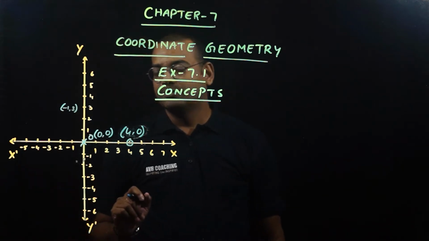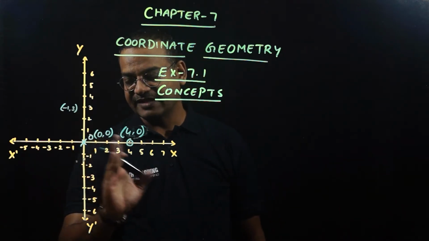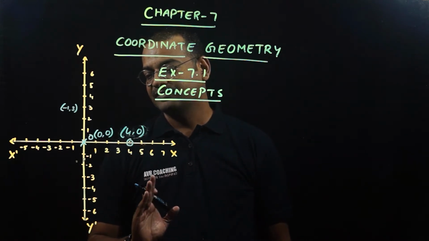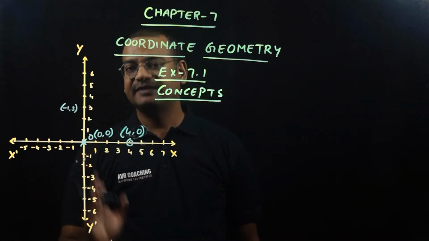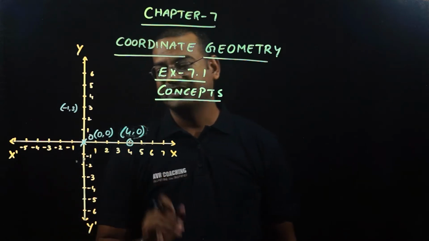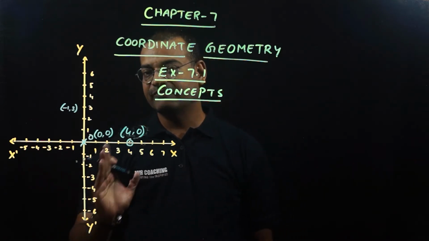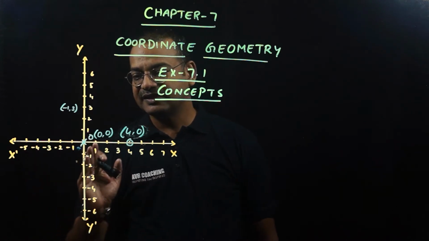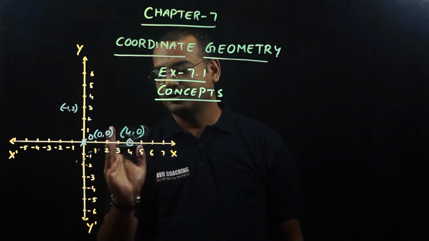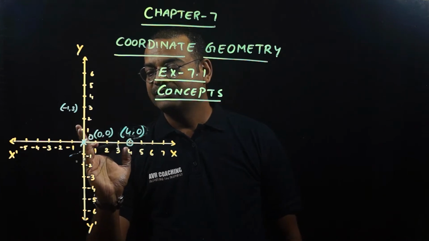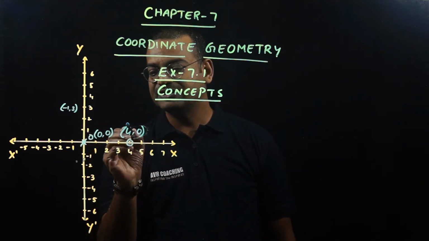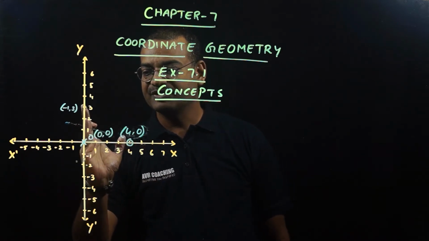Now the distance from y-axis is called abscissa and the distance from x-axis is called ordinate. Now what is this distance from y-axis and distance from x-axis? The point 4, 0 is at a distance of 4 units from y-axis.